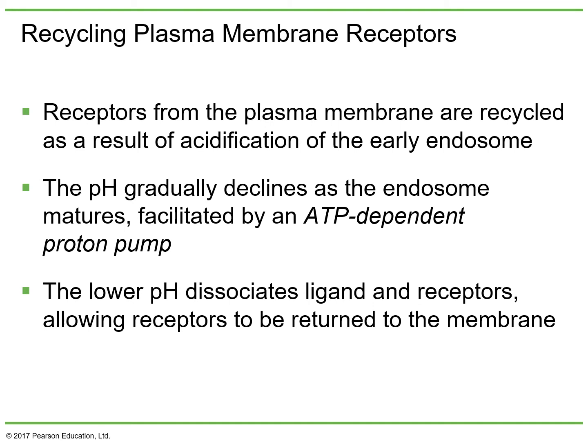Recycling of plasma membrane receptor molecules is facilitated by acidification of the early endosome. The interior of an endocytic vesicle would have a pH of around 7, while the interior of an early endosome has a pH of 5.9 to 6.5.